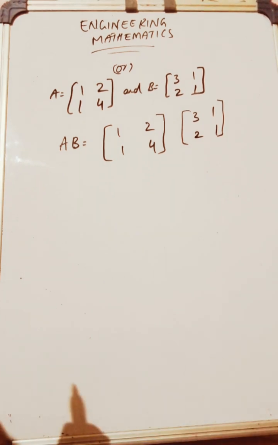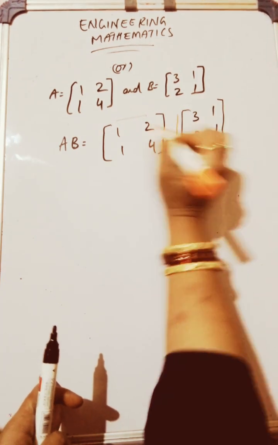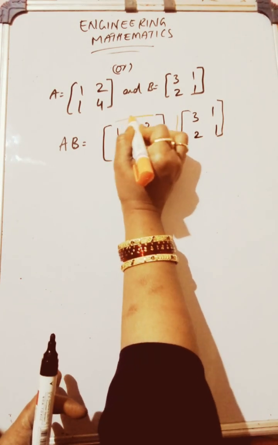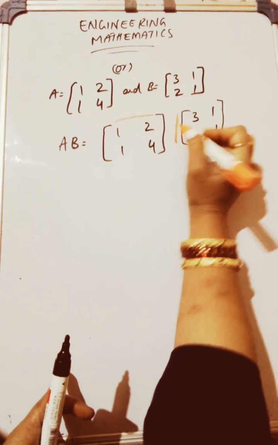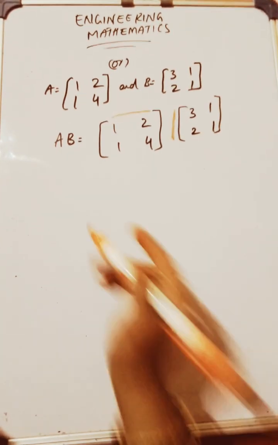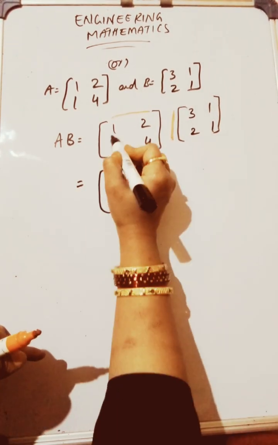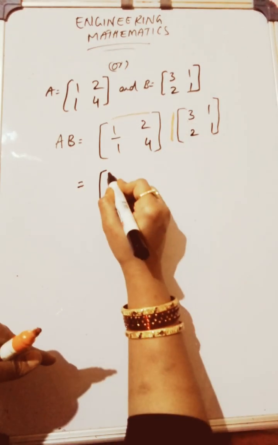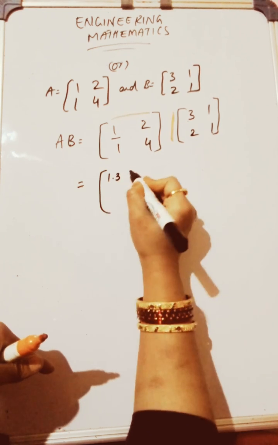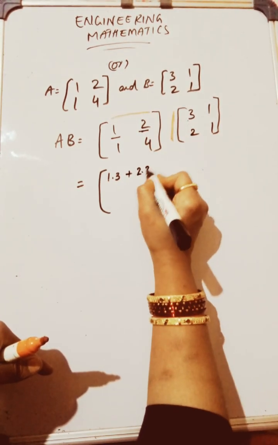Let us see. First row with first column, second column with this one. Is equal to 1 into 3 plus 2 into 2.